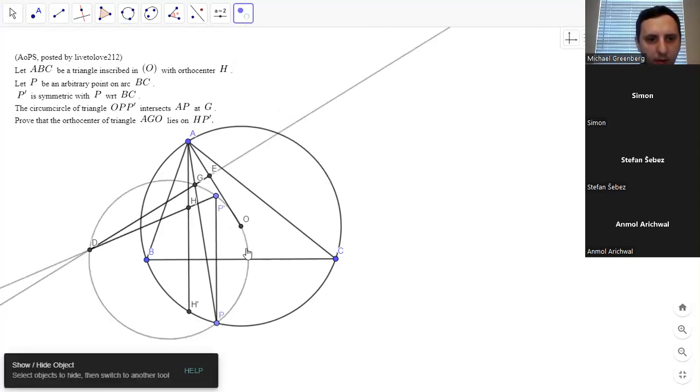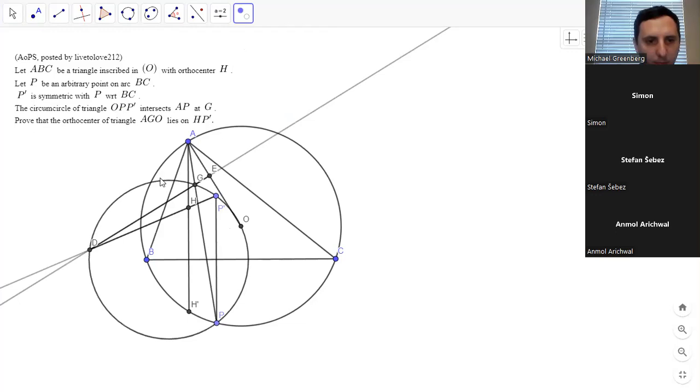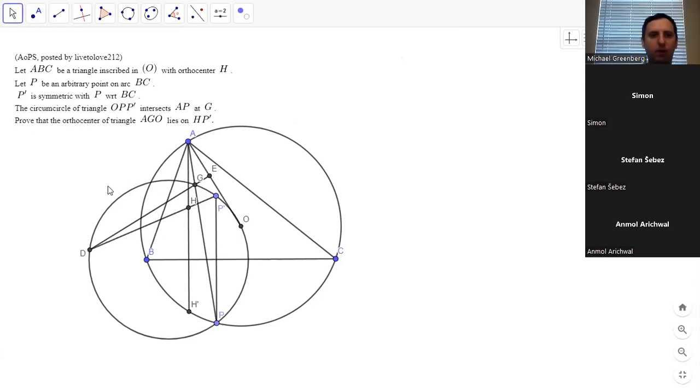I shouldn't have hid it. So define D to be the orthocenter. It's kind of tricky, because we can't assume that D lies on this circle. That's why I tried to define it the other way, but we could define it that way.